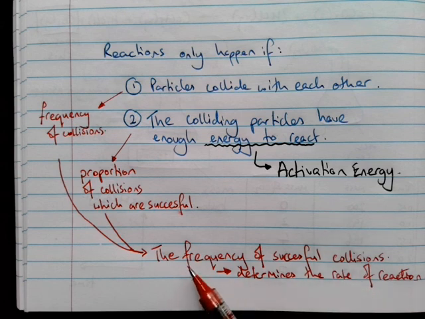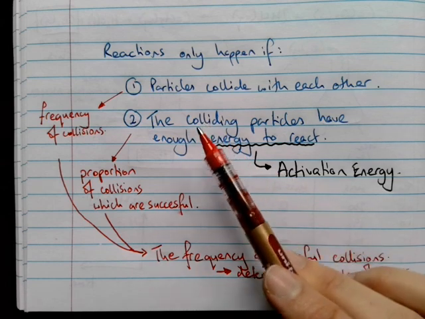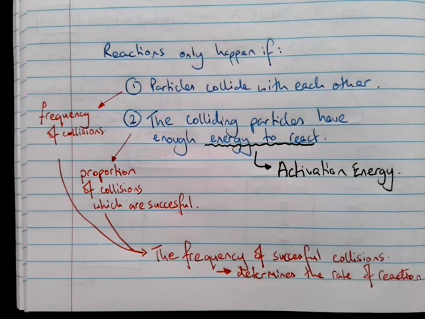A low frequency of successful collisions might be because not many of the collisions are successful, or it might be because there aren't many collisions. All right, so we need to think about two ideas: how many collisions are there, and how many of those collisions are successful. Together, that tells us the frequency of successful collisions, which tells us the rate of a reaction. Okay, and we'll go through all the different factors and you'll see how this works.